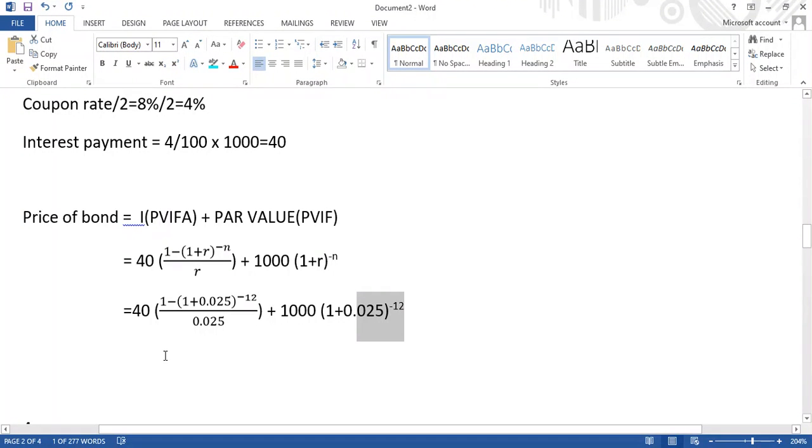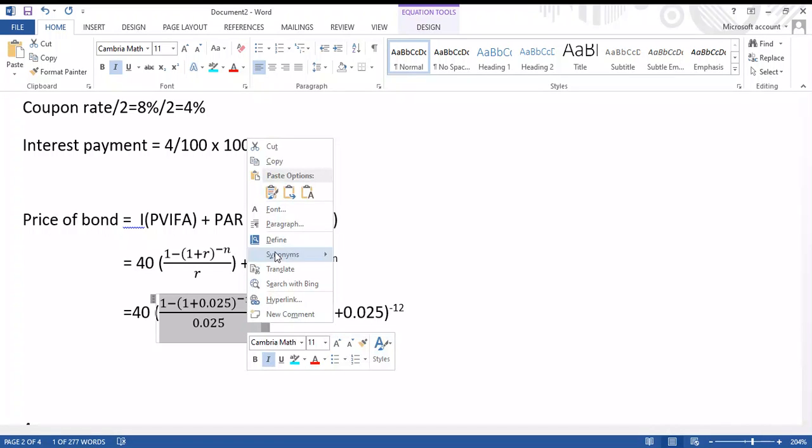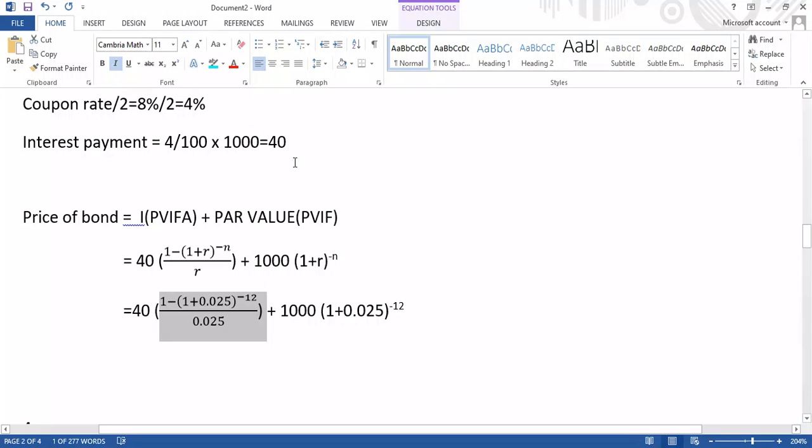Then 1 minus 0.743, we get 0.257. We write it here with the coupon of 40.